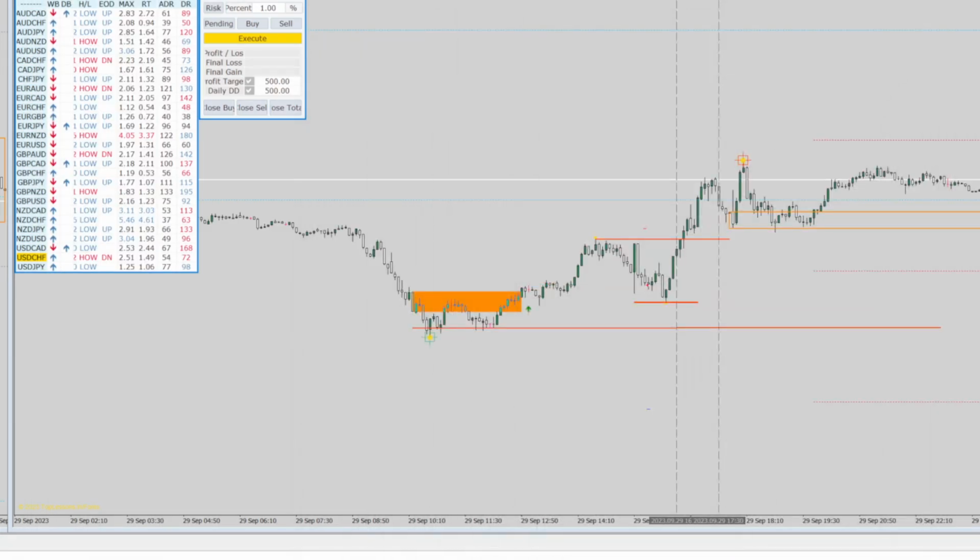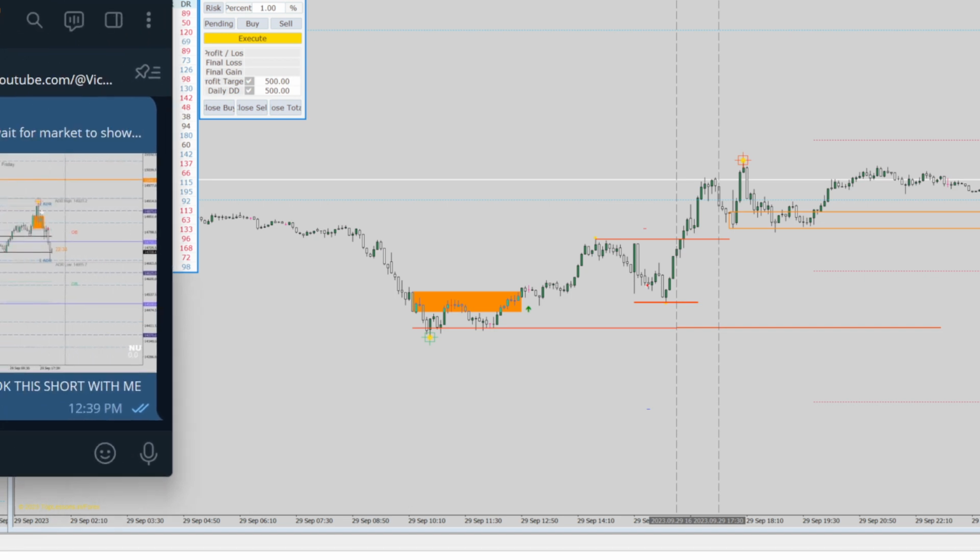Now let me go. I know I skipped a part because I wanted to show you where this thing actually hit my SL. And I am opening up my, I gotta drag over. Hold on, guys. I got a lot of stuff going on here.